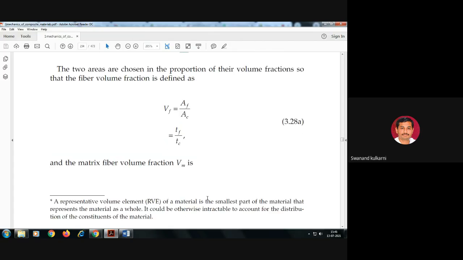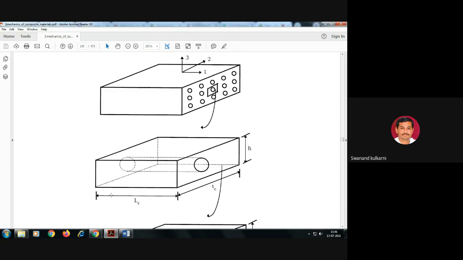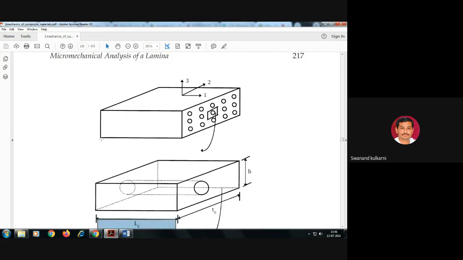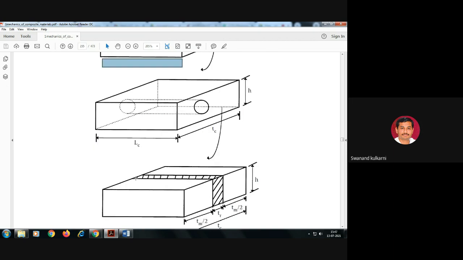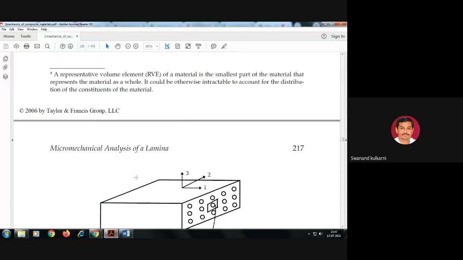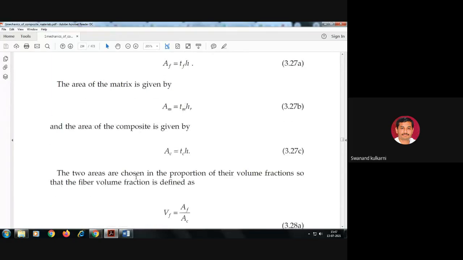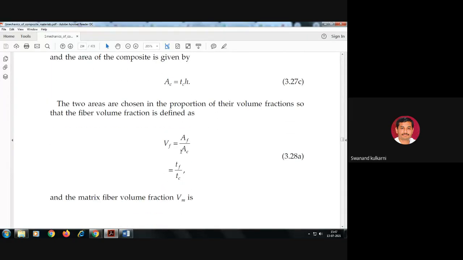Here the length is the same for all: the length of matrix, fiber and composite are the same. So the volume of fiber is Af into Lf, and the volume of composite is Ac into Lc.